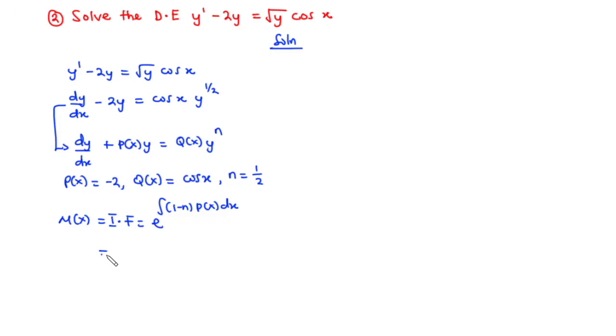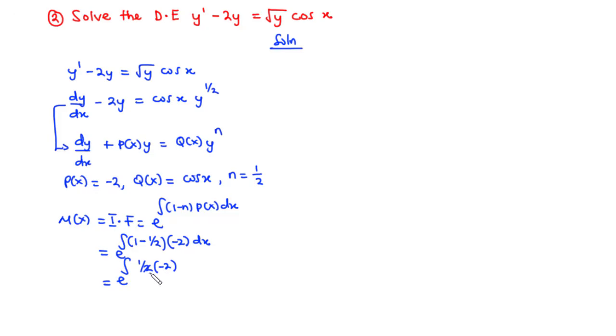So that is equal to e to the power the integral of 1 minus n, which is 1 over 2, times p of x, which is negative 2, dx. So we have e to the power the integral of 1 minus 1 over 2, which is 1 over 2, times negative 2.